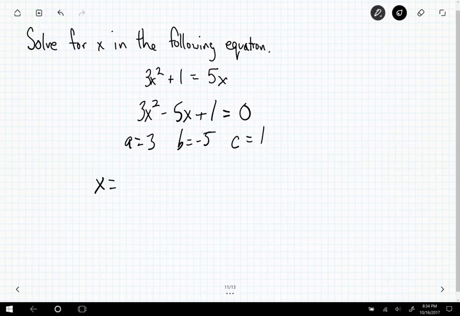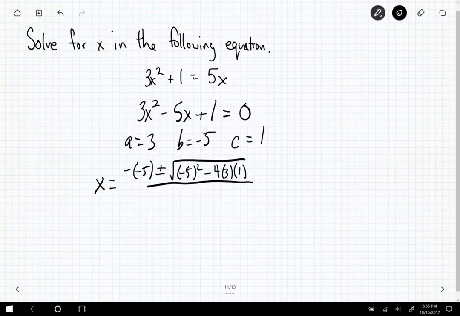So x equals negative negative 5 plus or minus the square root of negative 5, the quantity squared, minus 4 times a times c. So a is 3 and c is 1. And then all over 2 times a, so that's all over 2 times 3. So we made a minor change here, and what happened? Well, this thing went kind of haywire on us, because notice what's happening underneath the root.